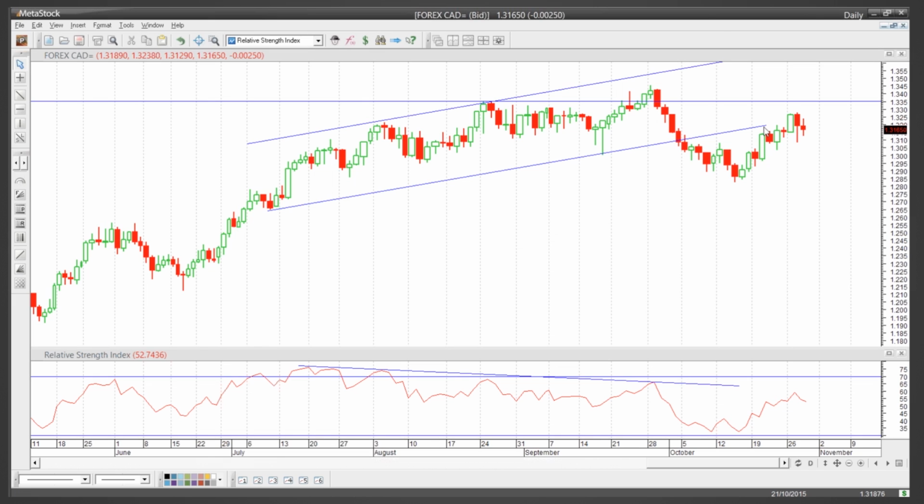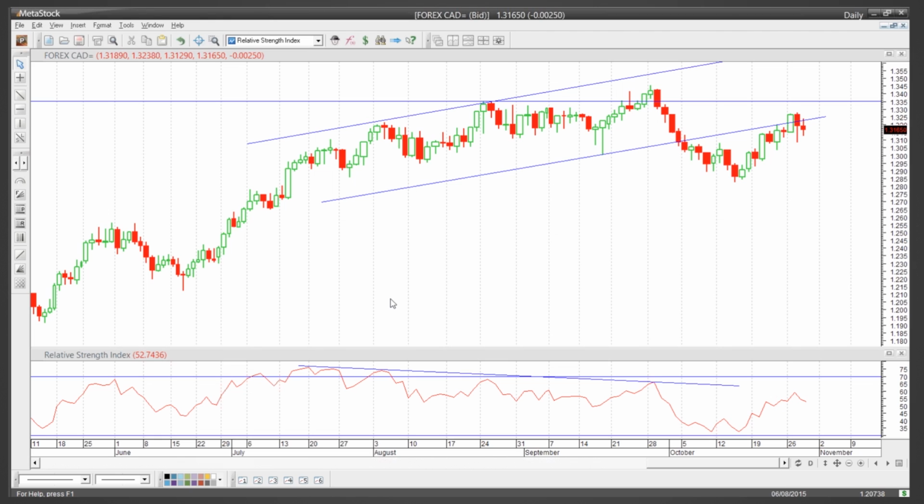And we can see at the moment that we're just testing the downside of that broken bullish trend line now. So it's going to be interesting to see how this plays out. From what we just saw with the divergence with dollar Swiss, it is possible that we see some further downside action from here. We'll have to keep an eye on that over the coming days and weeks and see how that materializes. Obviously, the RSI is not the be-all and end-all of what happens with any currency pair.